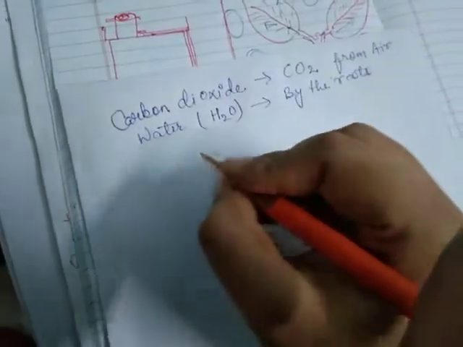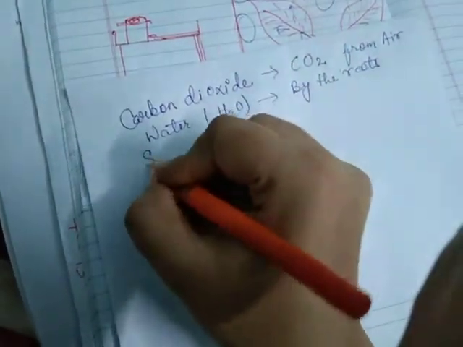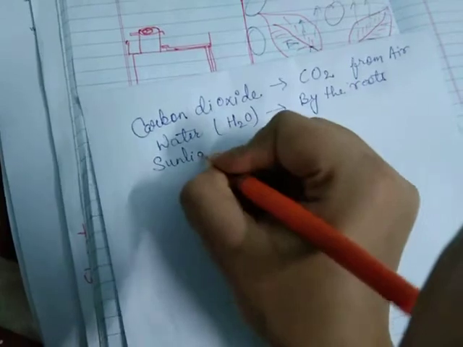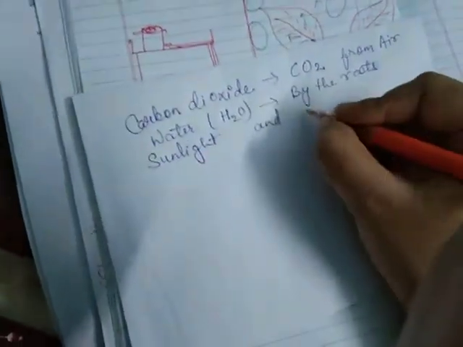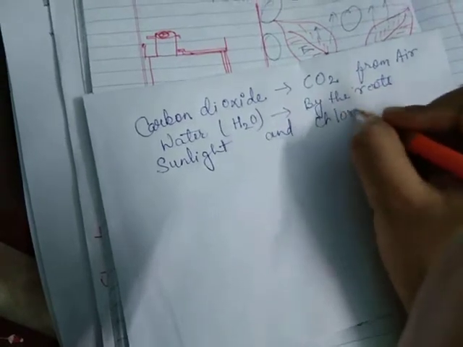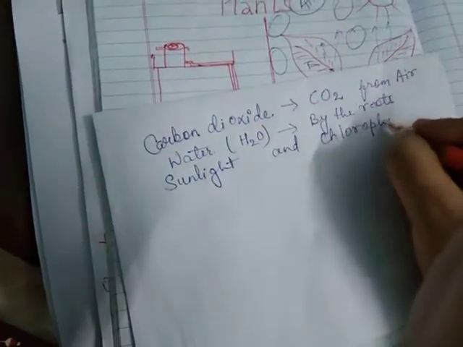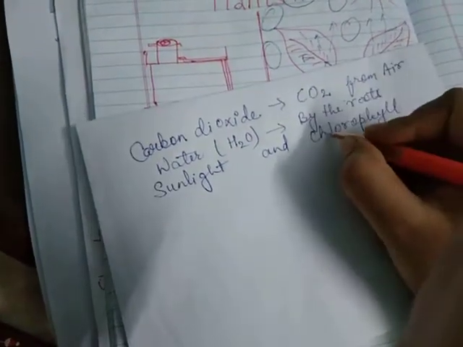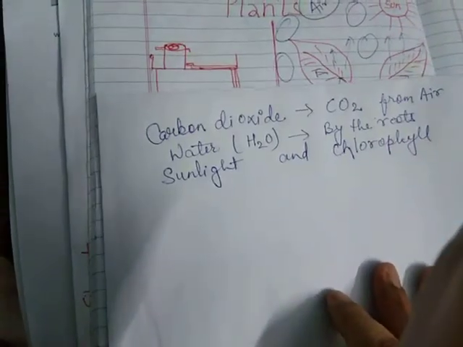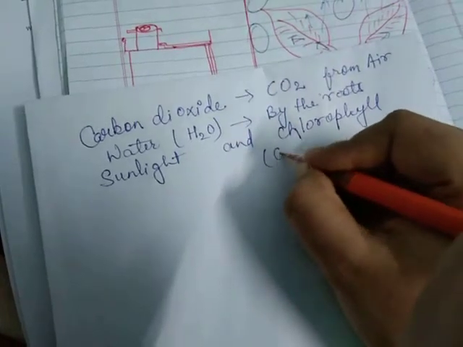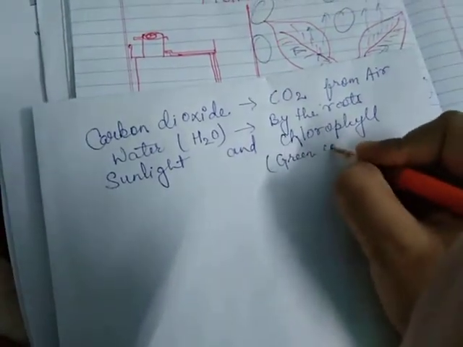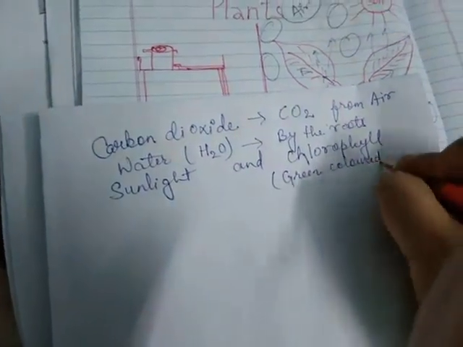Now, the plant requires sunlight from the sun, and one more component, that is chlorophyll. Chlorophyll, in the previous class you have studied about it.